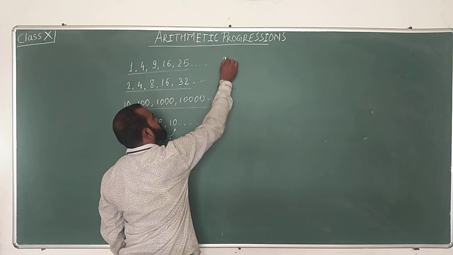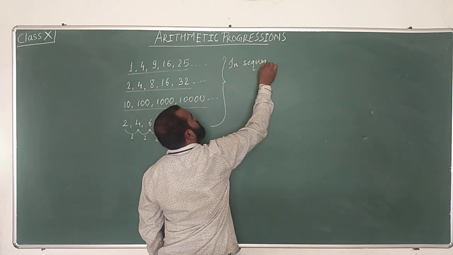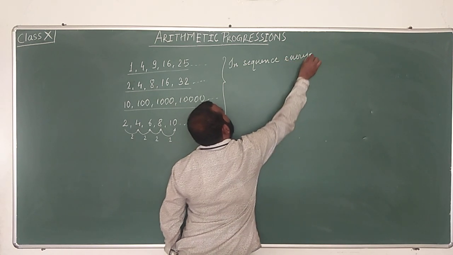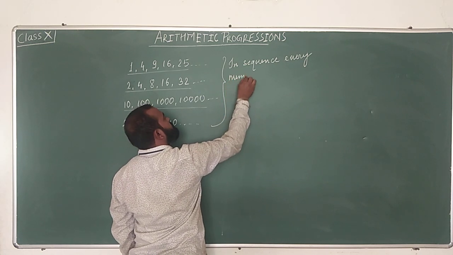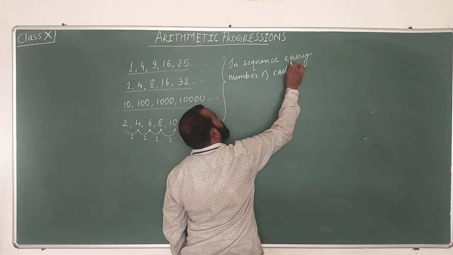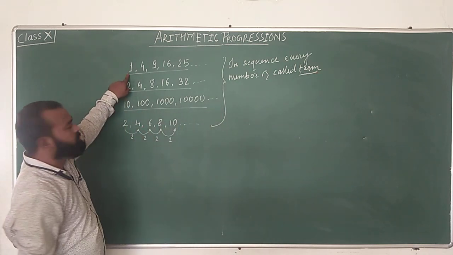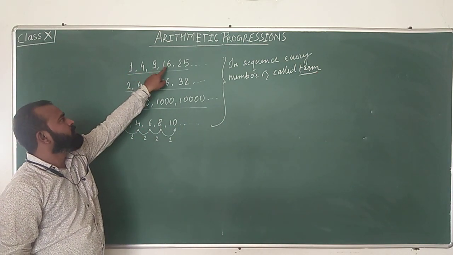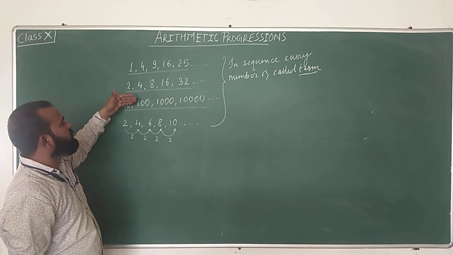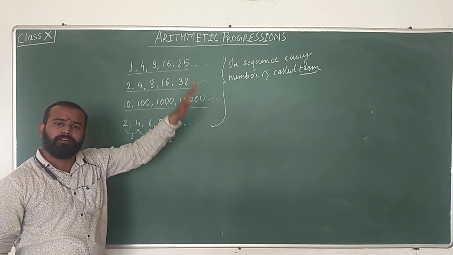Term. This is term 1, term 2, term 3, term 4, term 5 and so on. Okay, so these all are called a sequence, and in a sequence every number is called a term.